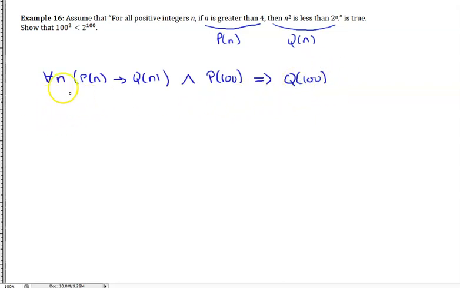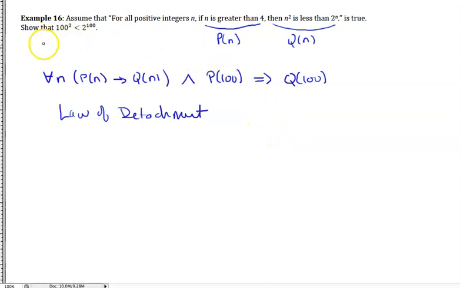Okay, so we can see that this is the law of detachment, because it's the setup for the law of detachment. If for a general n, if P at n then Q at n, and you know that P is true for a particular value of n, then Q at that particular value is true.